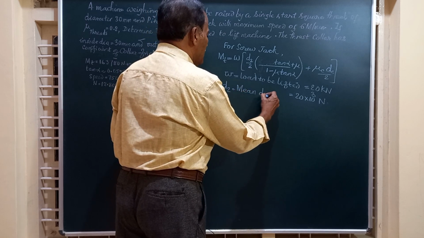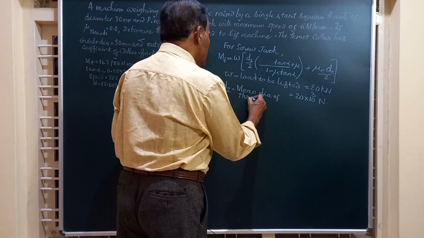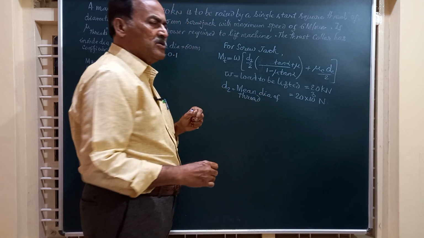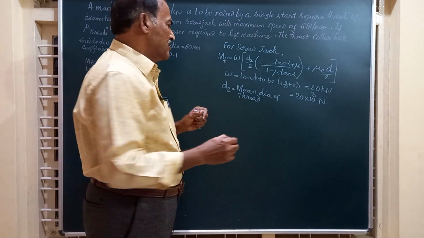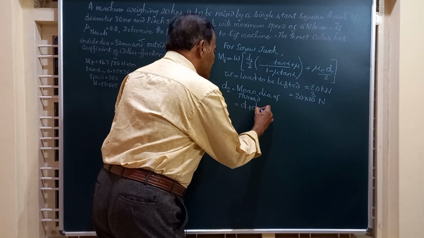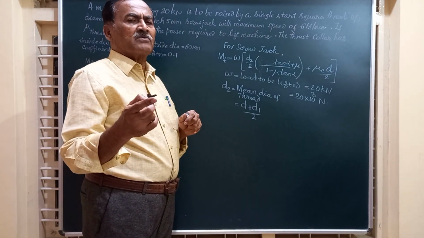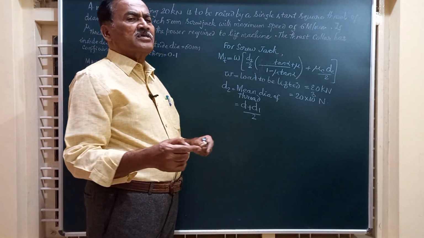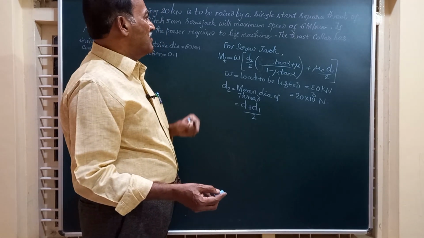You can find the mean diameter of the thread when you know the outside diameter and the core diameter. It is given by the formula (D plus D1) by 2, where D is the outside diameter of the screw thread, and D1 is the inside or core diameter, divided by 2 to take the average value.